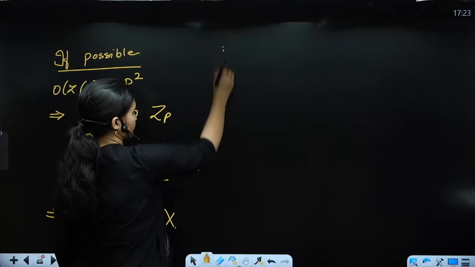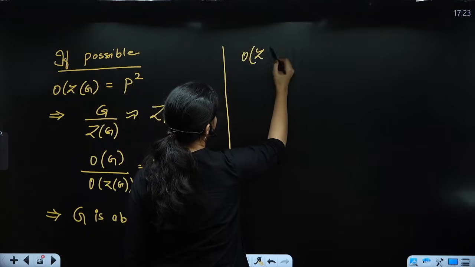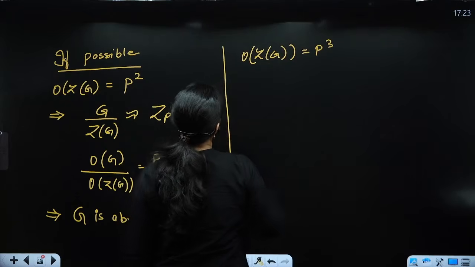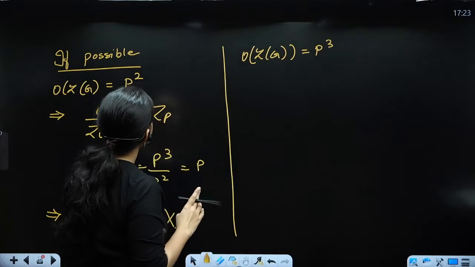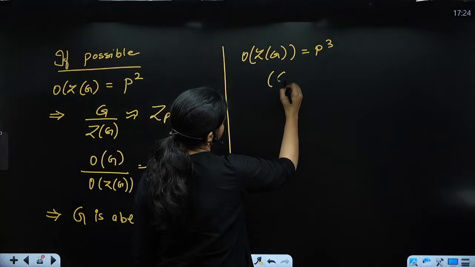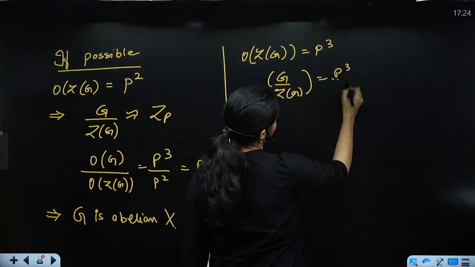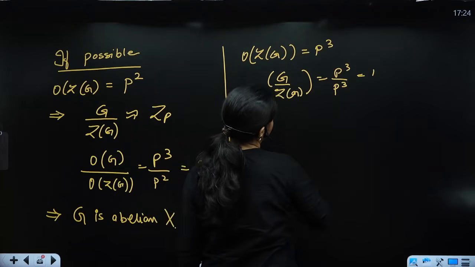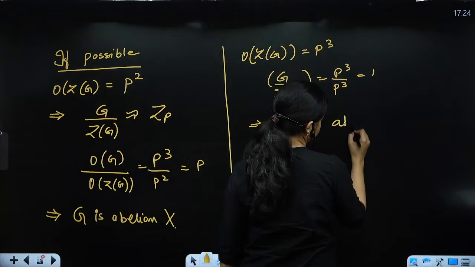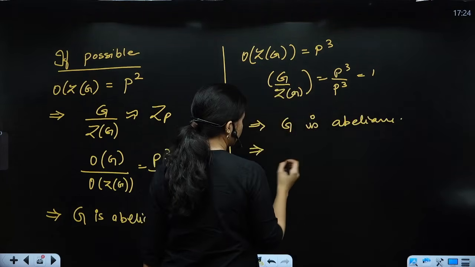Now if I take ZG's order to be, let's say, P cube, then order of G by ZG is going to be P cube upon P cube, right? So this implies that G is going to be abelian, right? This implies that this is also not possible.